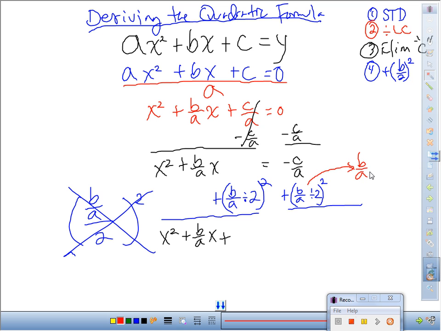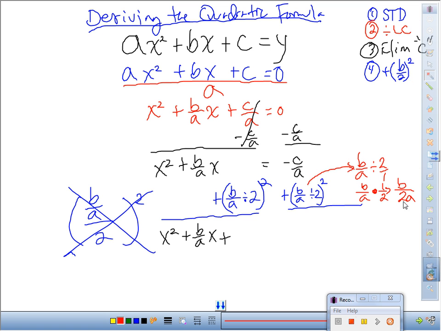b over a divided by 2. To divide a fraction, I need to make this into a fraction, and this becomes b over a times the reciprocal, 1 over 2. So let's see, what is b times 1? b. What is a times 2? 2a. So I simplified the inside now.